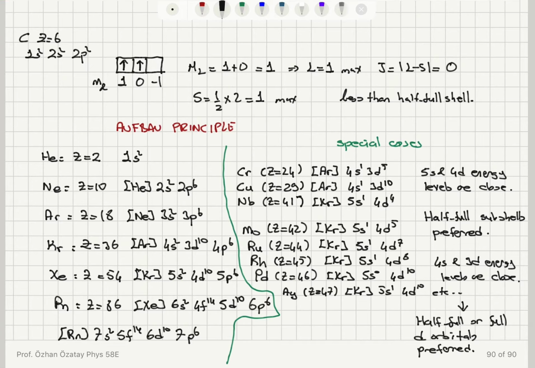Okay, and finally, the way we label these electron configurations depending on the total S, L, and J value, we have a spectroscopic symbol convention. So let's put this as a remark here. We use the following convention: capital L, J, with 2S plus 1. So what does that mean?